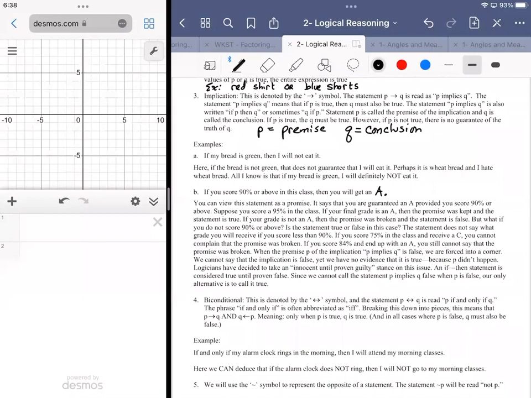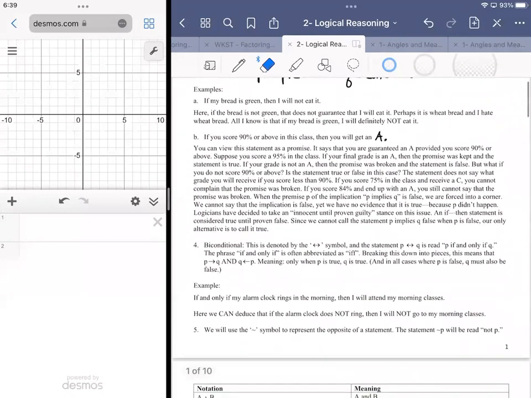I got an 85 in the class. So it's not true that I got a 90 or above in this class. But then my teacher was generous and gave me the A. It's still a true sentence because my contract was fulfilled. There's no violation in this contract. That's what they call a loophole. All right. So I'll get to the symbolic notation in a second, but that's what really that boils down to.